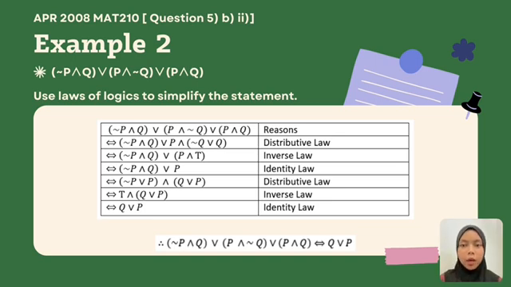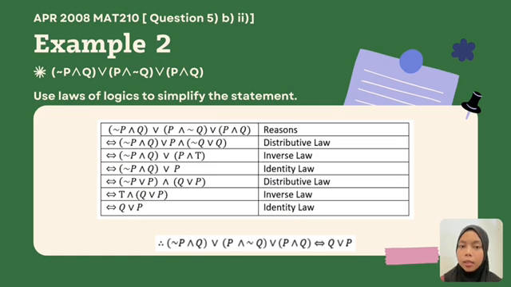So next, we combine the not P and T using the distributive law to be the new statement, which is not P or P and Q or P. The next step is the inverse law.